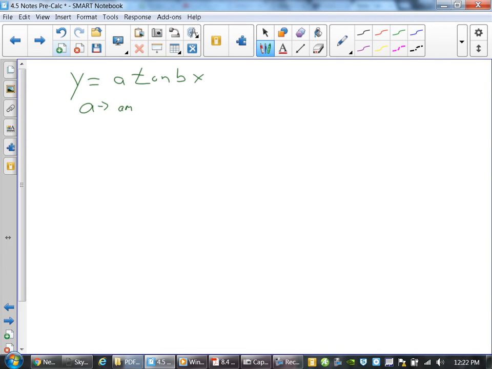So we call it an amp-ish. B helps with period again. But our period here is going to be pi over b. So let's look at real basic y equals tangent of x, where a and b are both 1, just to start with that.